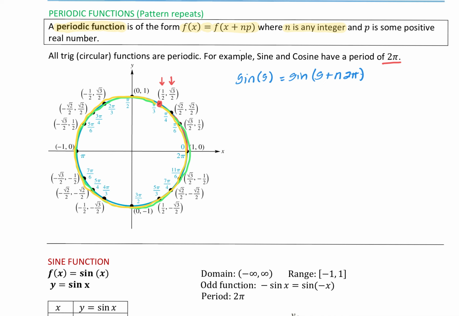So for example, if we did look at sine of pi over 3, it's going to be equal to sine of pi over 3 plus any integer times 2 pi. So go any distance 2 pi around, you're back to that same value.